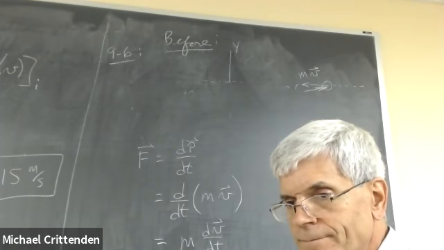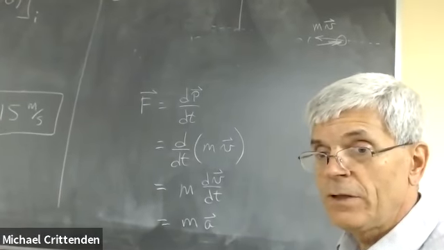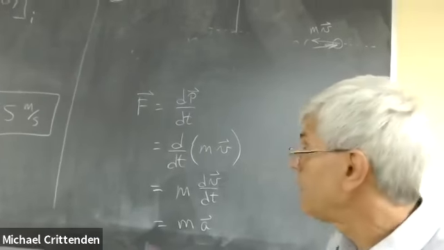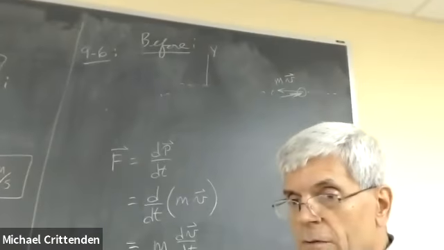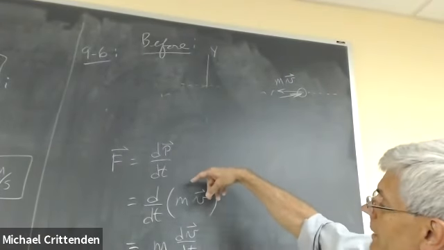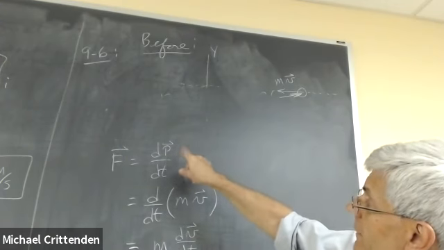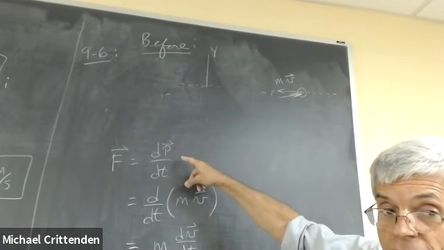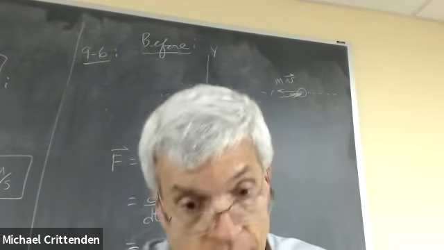And there is the more familiar version of Newton's second law, F equals ma. But if you want to get more general about things, force is equal to the rate at which momentum changes, okay? F is equal to dp dt, Newton's second law.